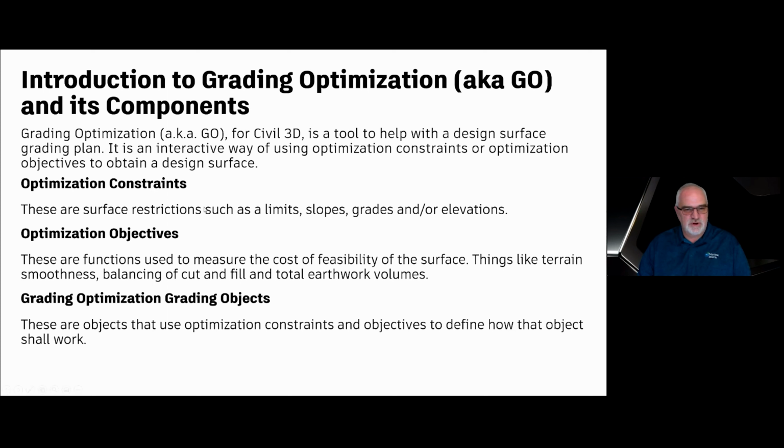The constraints are your limits, slopes, grades, and/or elevations, so surface restrictions. The objectives are feasibility, cost feasibilities of the surface, cut, fill, balancing, smoothness of the contours and total earthwork. Grading objects are the features that we'll use to apply the constraints and objectives.